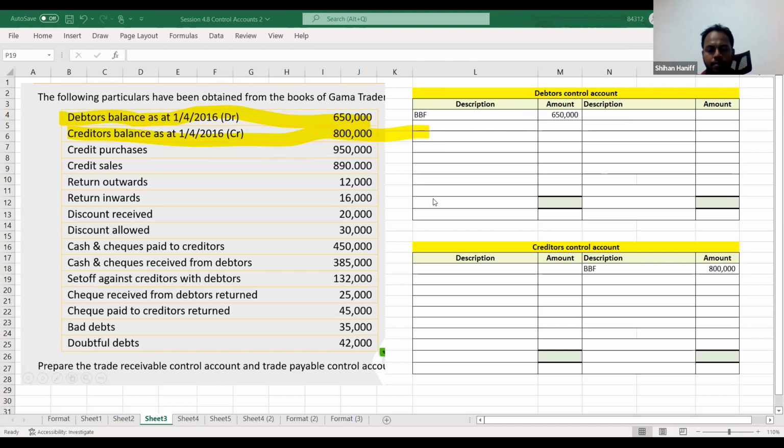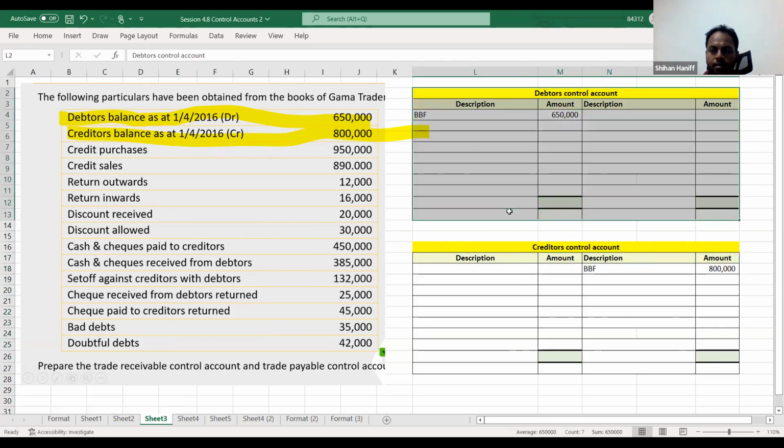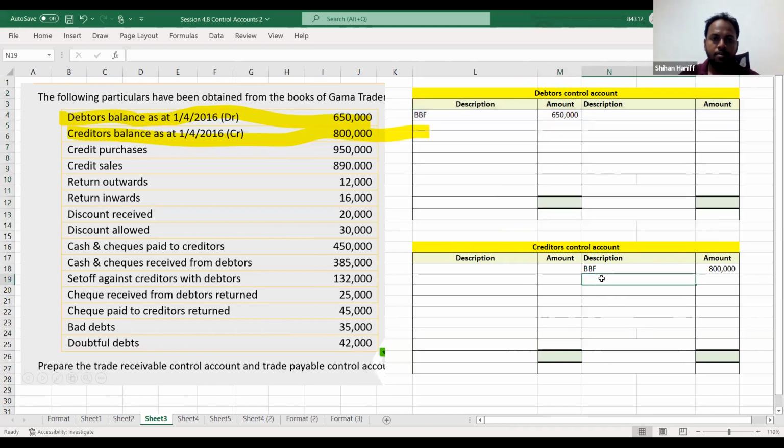Okay, so this is debtors control account and creditors control account, the basic format. We are trying to understand the basic structure of the control accounts. Credit purchases goes to creditors control account.